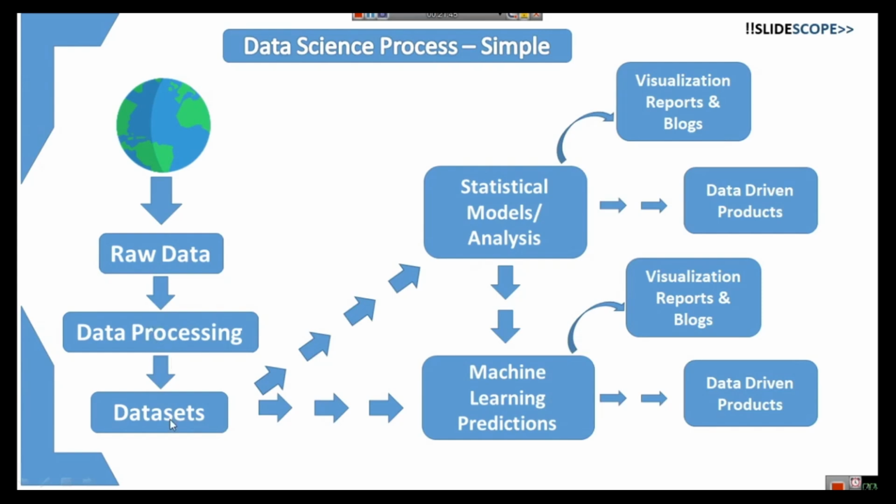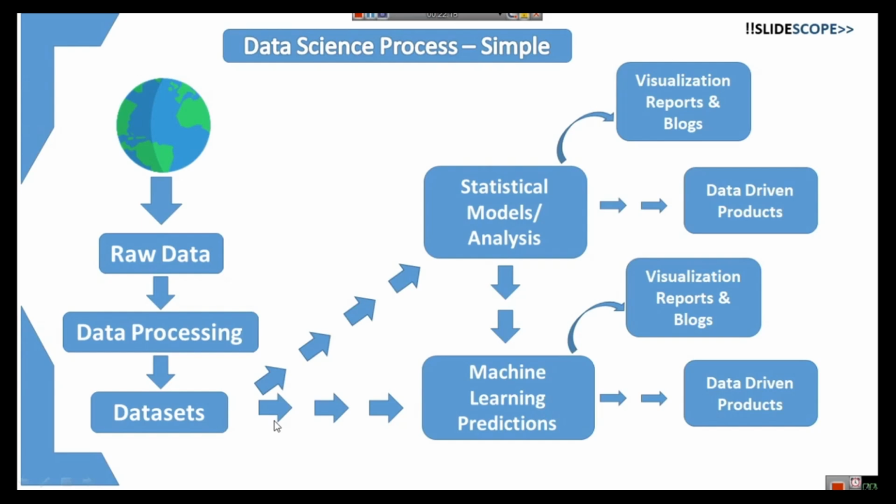Then when we have data sets, we can do two things on these data sets. One is statistical models or analysis. This is nothing but what we call data analysis. We can perform data analysis on the data which we have, and we can create machine learning predictions also. From the data which we have, we can create machine learning predictions.